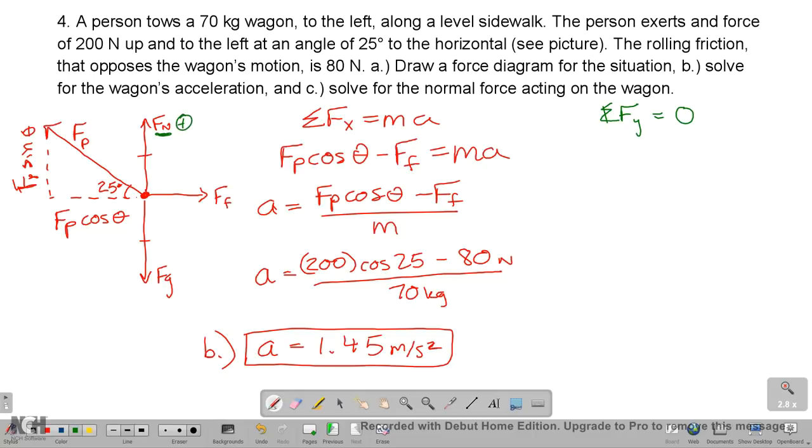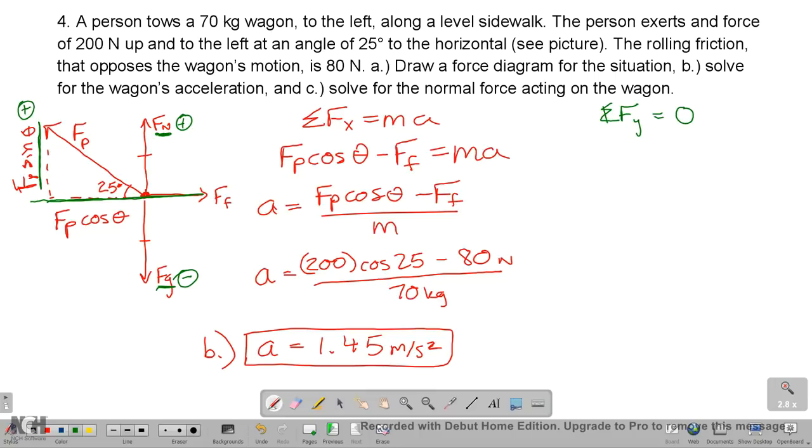That's nothing new. We know that Fg is a negative value. However, this angled force over here has a vertical component to it. And since it is above the x-axis here, it's above this line, this Fp sine theta is also going to be a positive value. And we do need to account for that in our equation.